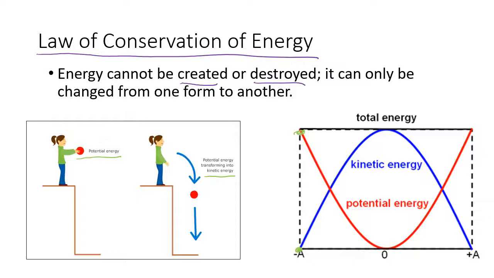Kinetic energy starts to increase while potential energy goes down until it reaches a minimum and a maximum. And then they swap again, where we have a great amount of potential energy and no kinetic energy once the ball stops moving. Therefore, energy can be changed from potential into kinetic or vice versa, but we're never losing any energy.